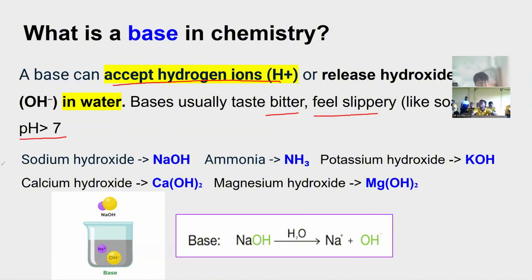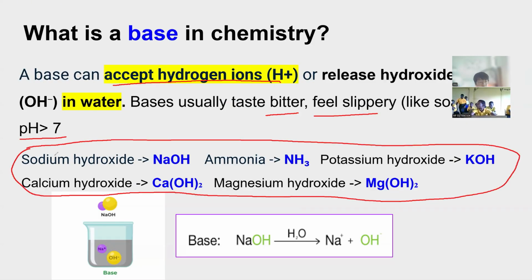And examples are all of these: sodium hydroxide, NaOH, calcium hydroxide, Ca(OH)2, ammonia, NH3, potassium hydroxide, KOH, and magnesium hydroxide, which is Mg(OH)2.